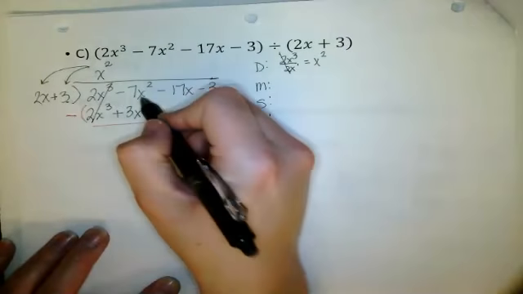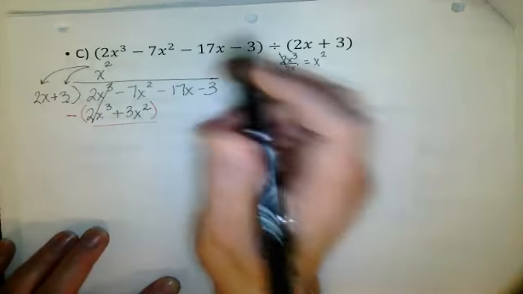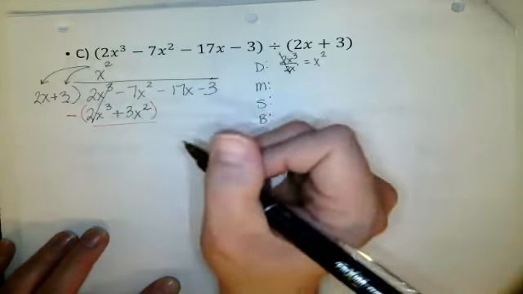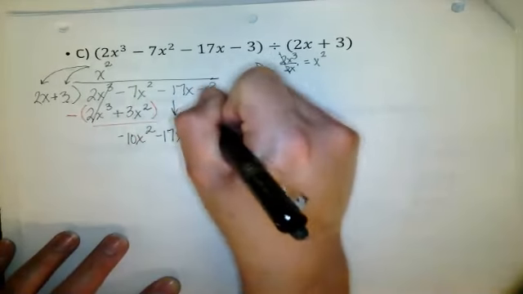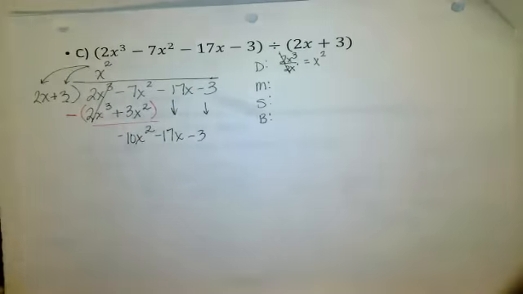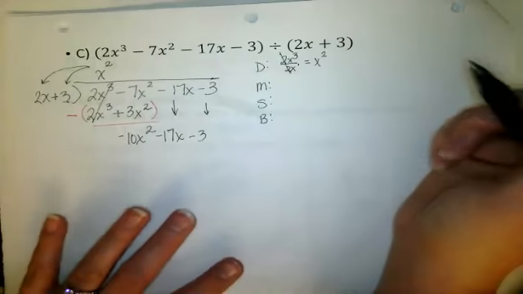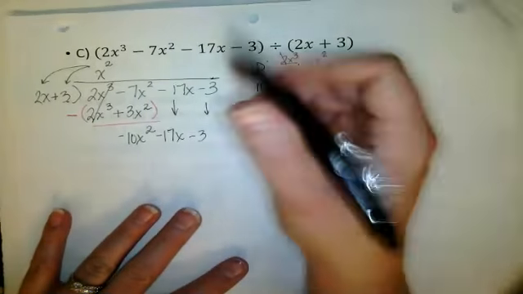What's negative 7x squared minus 3x squared? Negative 10x squared, yes. And then B for bring down. So we're going to bring down the negative 17x and the negative 3.